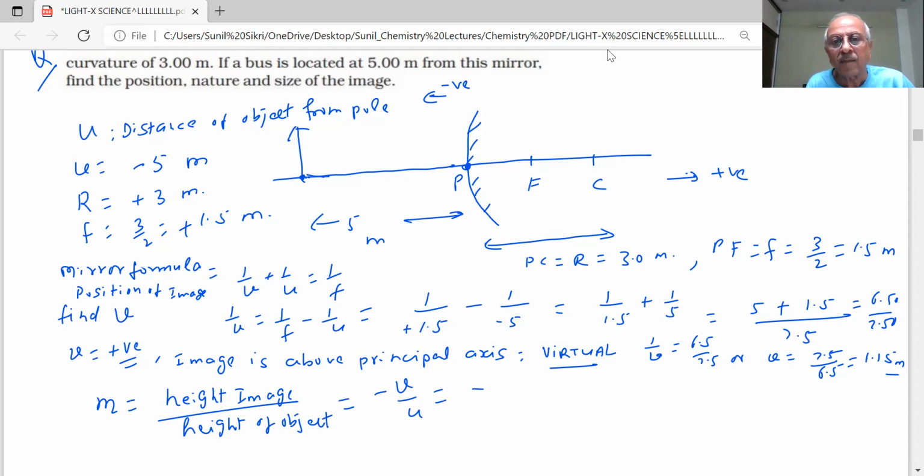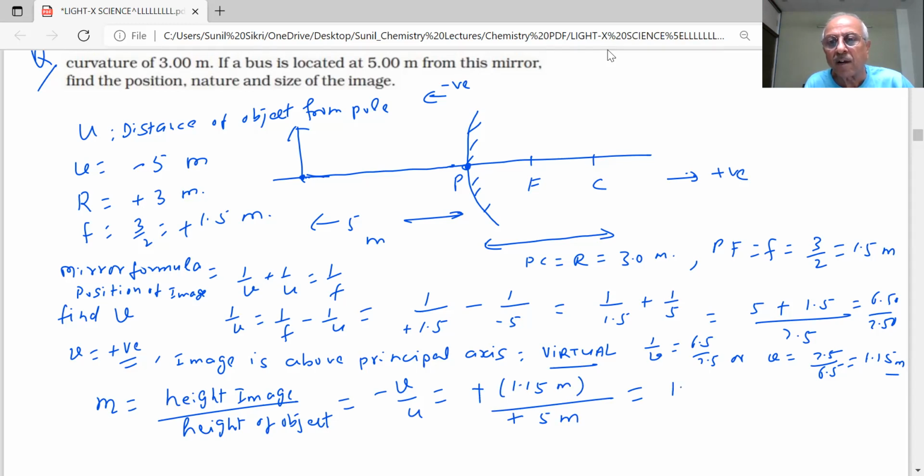So 1.15 meter. And what is the value of U? Minus 5 meter. Then minus and minus will become plus.